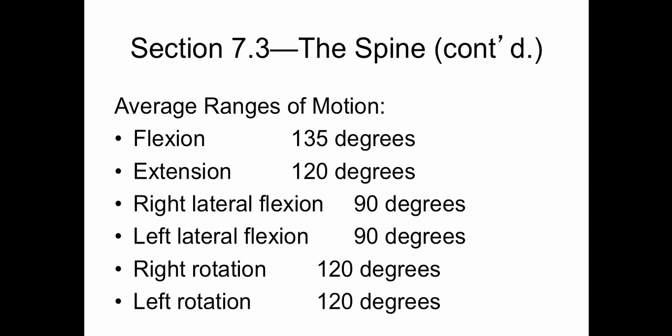No exact agreement exists between the sources as to the average or ideal ranges of motion of joints, so the ranges presented on this slide are approximations. Also, ranges of motion vary considerably from one individual to the next. They also can vary from one individual over time, because our range of motion does change considerably with age.